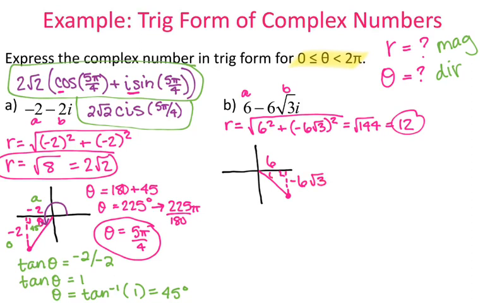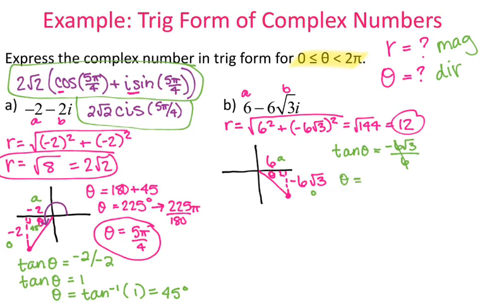There you go. And here's our little theta once again, still our reference angle. And then if you'll notice, once again, I have my opposite and my adjacent. So I have tangent of theta equals opposite over adjacent, negative 6 root 3 over 6. And then I can go ahead and reduce this because my 6's can cancel out.